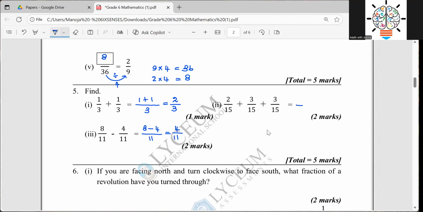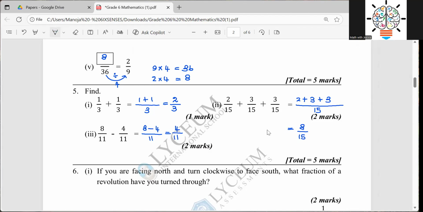And with this one, don't worry whether you have 2 fractions or 3 fractions, you follow the same method. You have the same denominator 15. So then you have 2 plus 3 plus 3. Okay. 2 plus 3, 5. 5 plus 3, 8. 8 over 15. Okay. Hope it is clear for all of you.